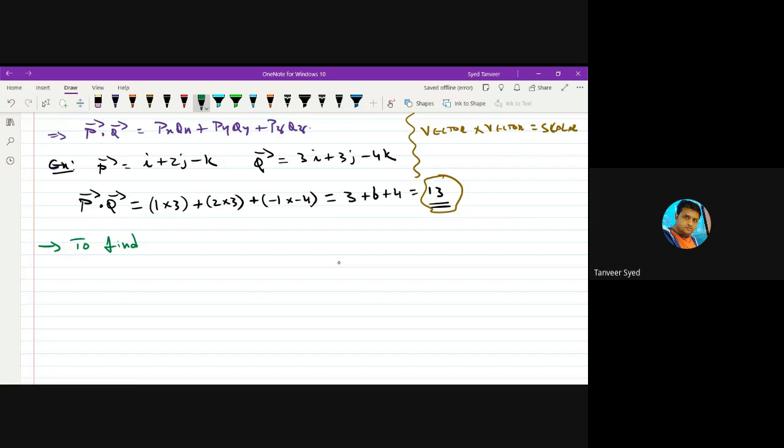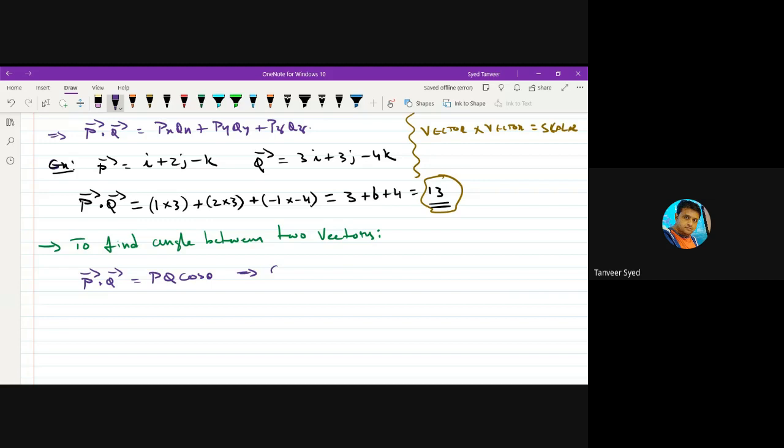To find angle between two vectors, we can also use scalar product. How can we do it? See, we know P dot Q is equal to PQ cos theta.